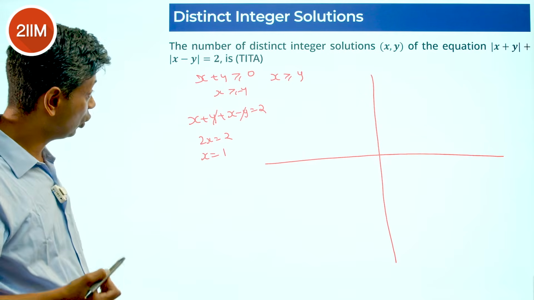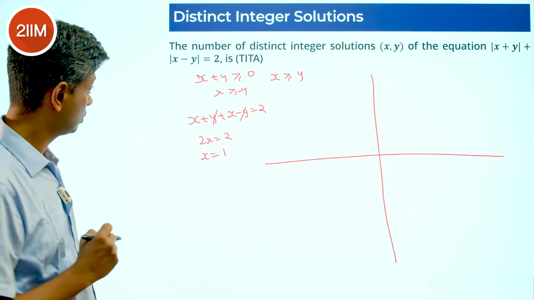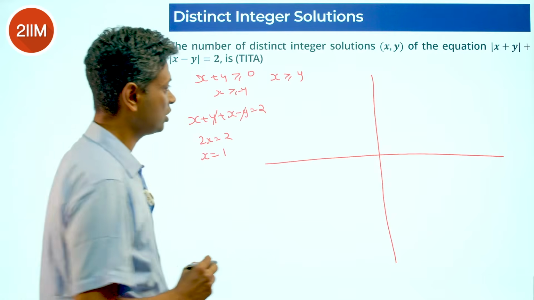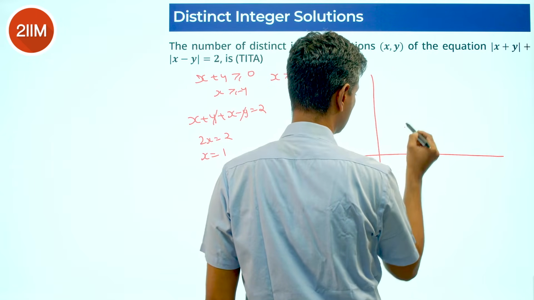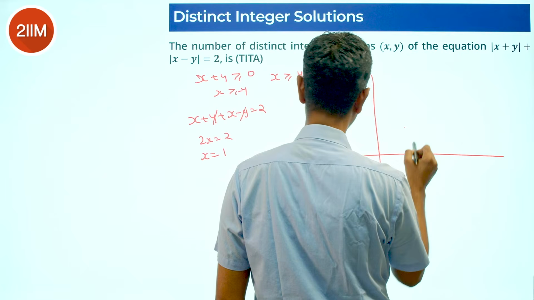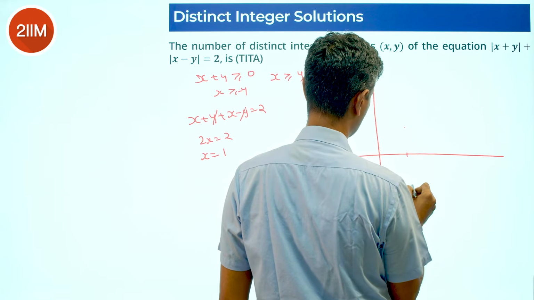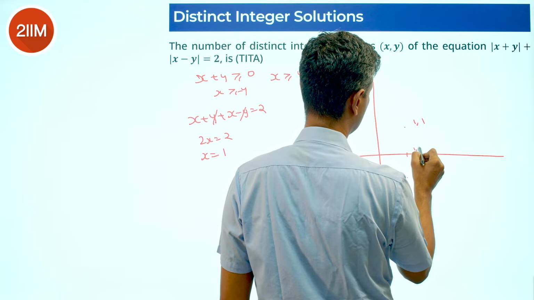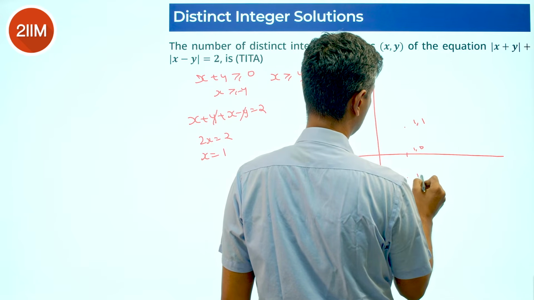So y could be 0 or 1 or minus 1. And so 1 comma 1 works, 1 comma 0 works, 1 comma minus 1 works.